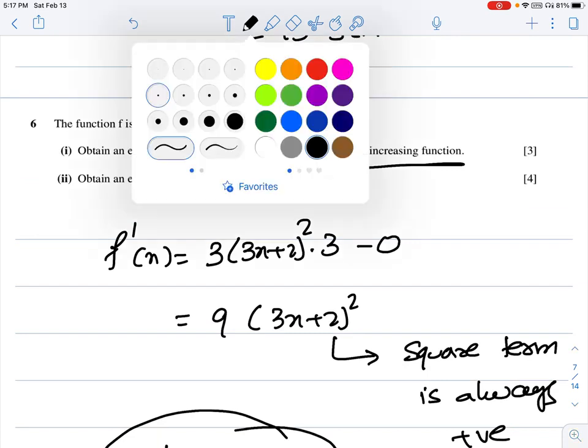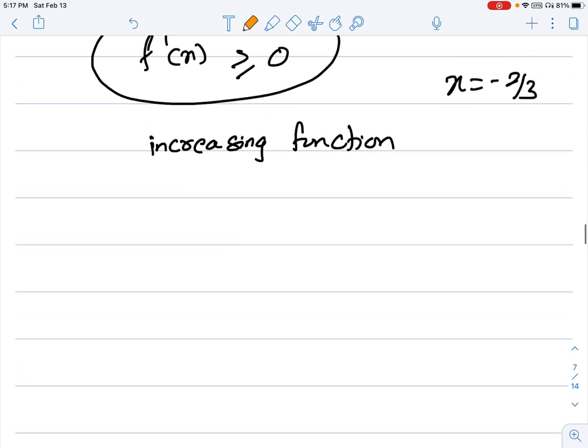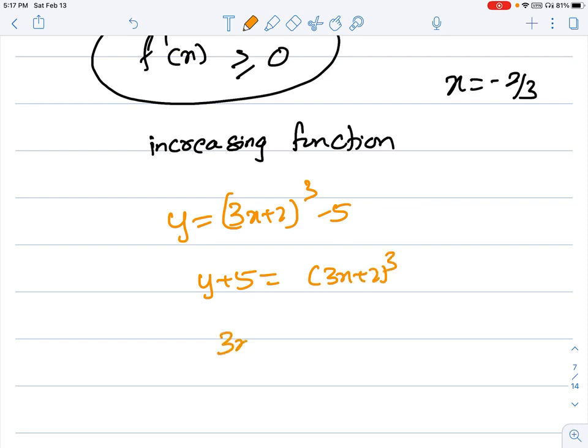Obtain an expression for f inverse of x and state the domain. So y is equal to 3x plus 2 whole cube minus 5. So y plus 5 is equal to 3x plus 2 whole cube. 3x plus 2 is equal to cube root of y plus 5. 3x is equal to cube root of y plus 5 minus 2.